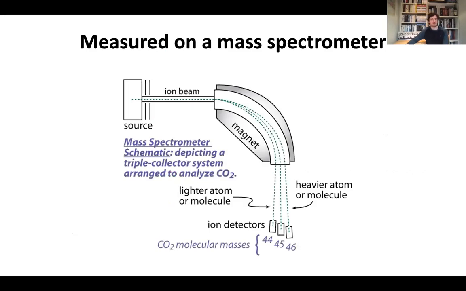We're not going to go into this in detail, but just to point out, you measure these ratios on something called a mass spectrometer. You put your sample in at the beginning, and it goes through a magnet, and because of the different masses of the isotopes, and this is CO2 being put in here, what we'd be measuring at the end would be the carbon and oxygen isotope ratios in this case.